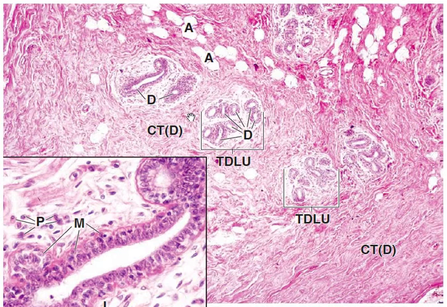Two terminal duct lobules, like here and here, are called terminal ductal lobule units. So two terminal ductal lobule units, TDLU, are bracketed in this picture.